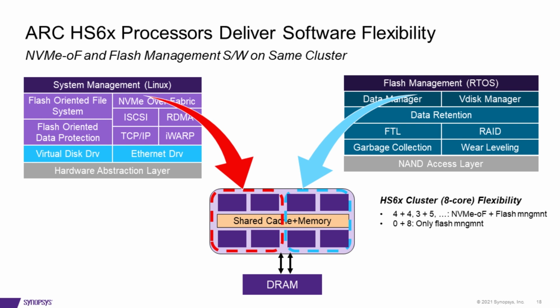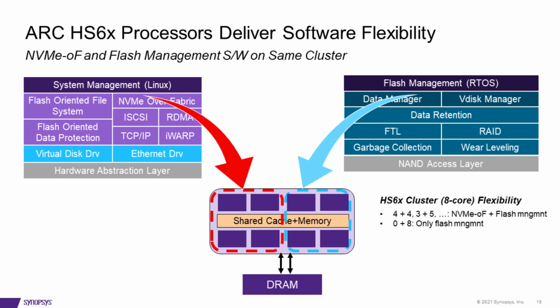Then a second set of cores within the cluster might be running a different OS, maybe an RTOS, focused on the flash management side of the storage application and all the stacks that need to run there. So it's very easy and flexible with our HS6X family to partition these cores within the same cluster.